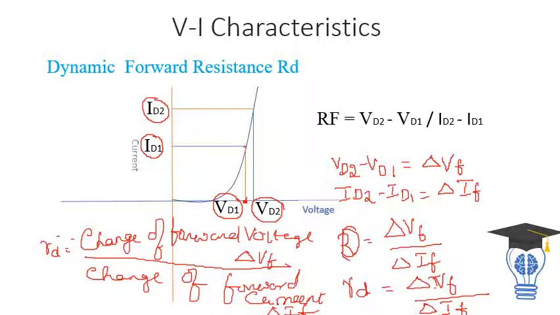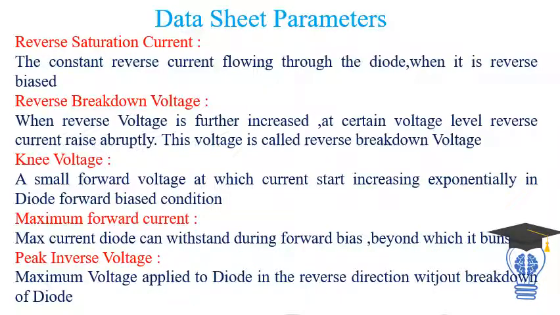Here are some datasheet parameters for your reference. One is reverse saturation current. It is a constant reverse current flowing through a diode when it is reverse biased. When the diode is reverse biased, there will be a small leakage current flowing, which we refer to as reverse saturation current.